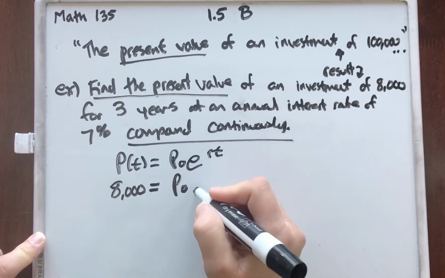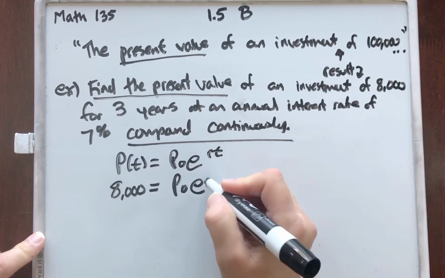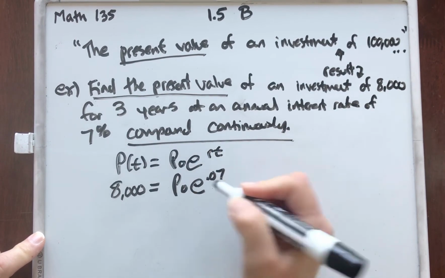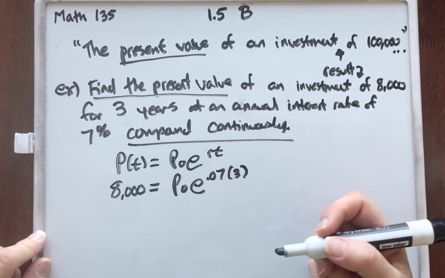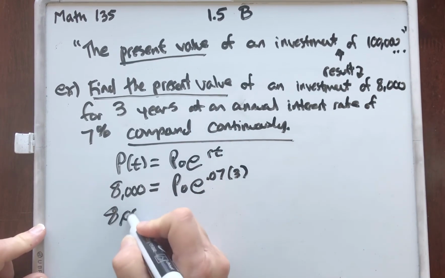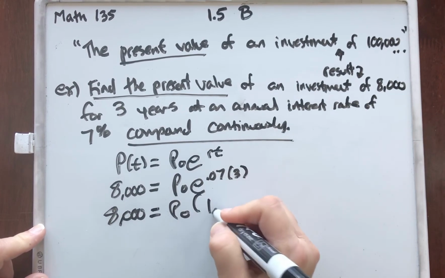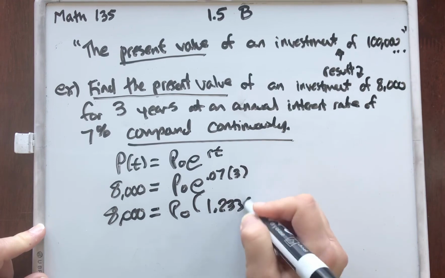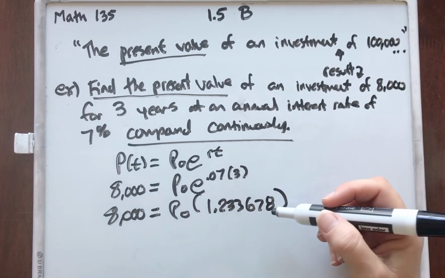E to the 0.07 rate times 3 years. So this is just going to be algebra. We're going to keep this 8,000 here. And all this right here comes to 1.233678.